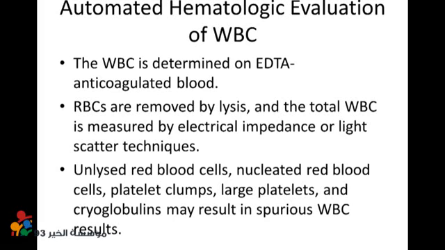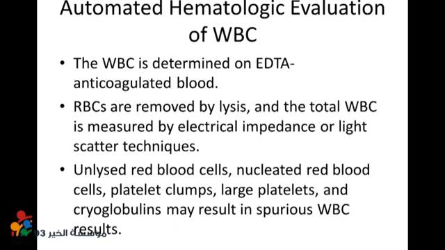Now, let's start by understanding what we get in this automated CBC. The white blood cell count is determined usually on an EDTA anticoagulated blood specimen, and EDTA is ethylenediaminetetraacetic acid. It could be heparin, which is an equivalent, but EDTA is actually a specific anticoagulant.